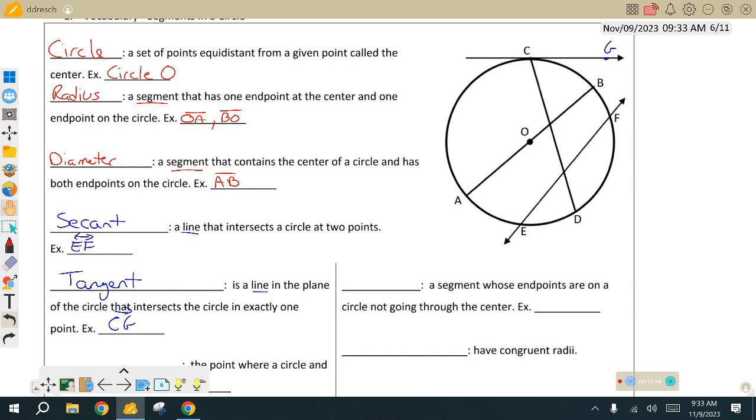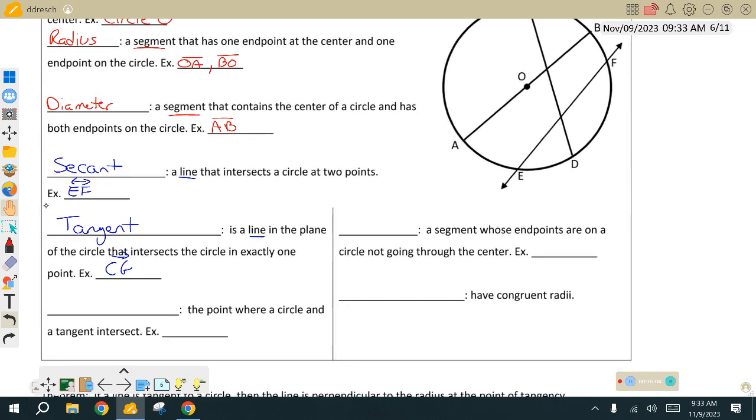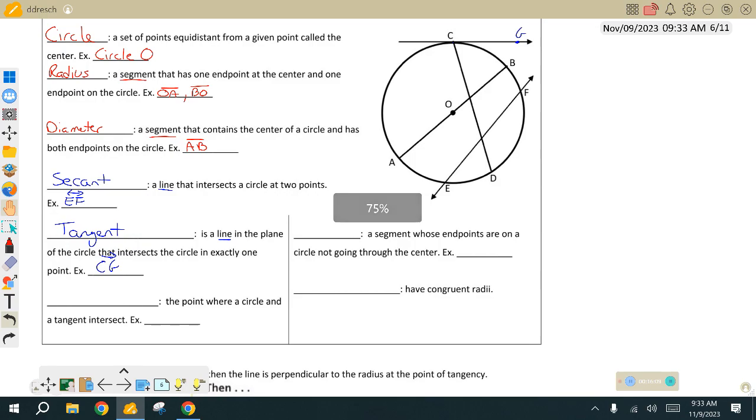All right. Now, where you intersect that circle at that C that you identified for me, that point C, is what we call the point of tangency.